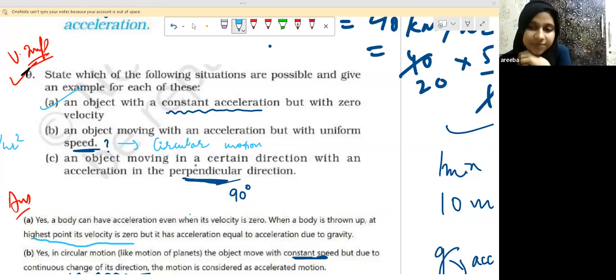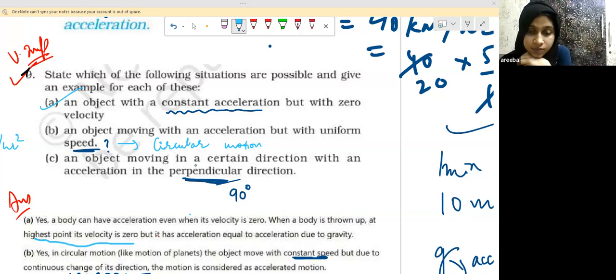An object should be moving with an acceleration but with uniform speed. This means an object that is in constant acceleration but at constant speed.